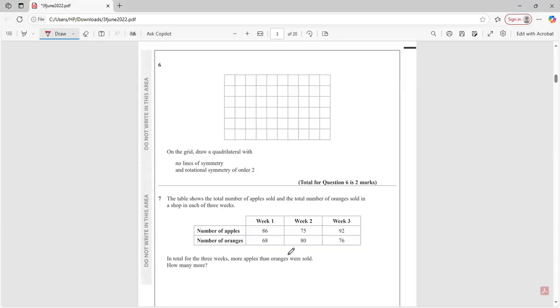Let me see. Rotational symmetry, rotational symmetry.